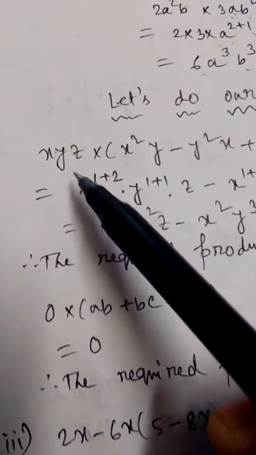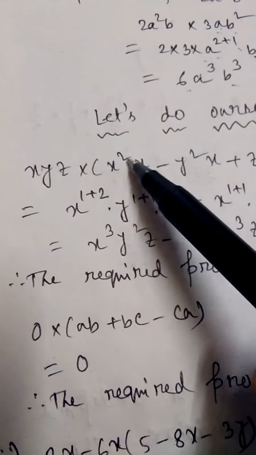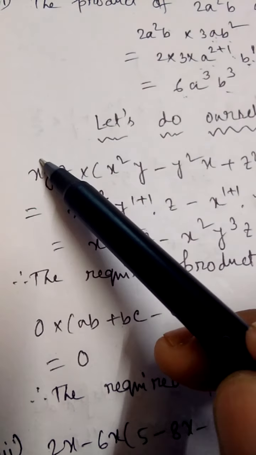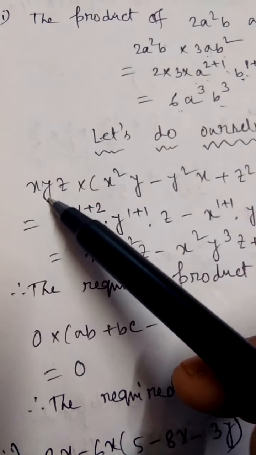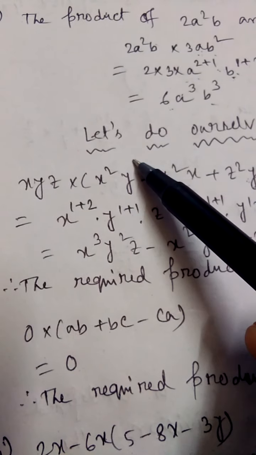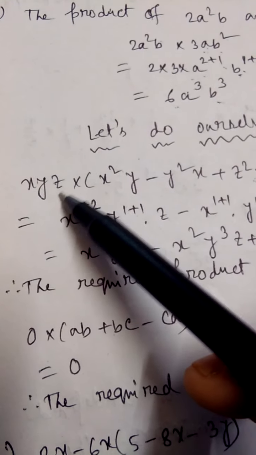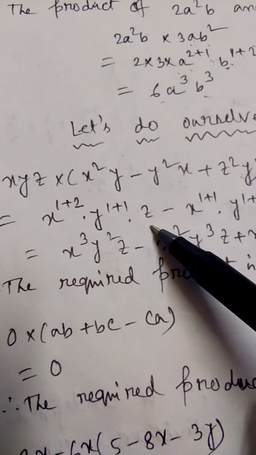After multiplication we shall get xyz into x square y, that is x to the power 1 plus 2 into y to the power 1 plus 1 into z. The variable z is present.